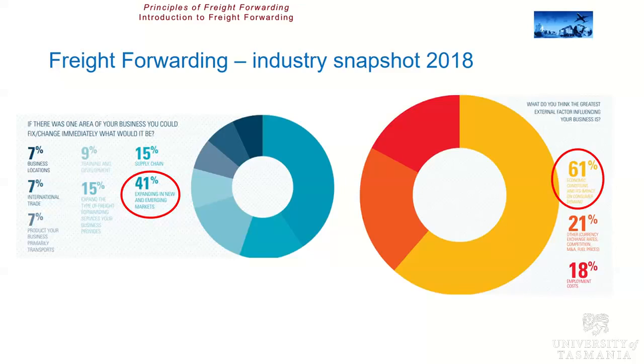Also, we've got other external issues around currency exchange rates, competition. So that just gives you a sense of what the freight forwarding industry looks like in Australia and how they position themselves globally. Any questions about the freight forwarding industry in Australia?